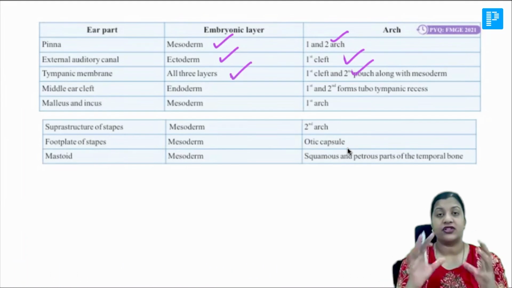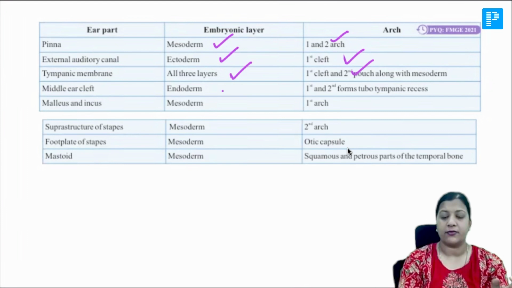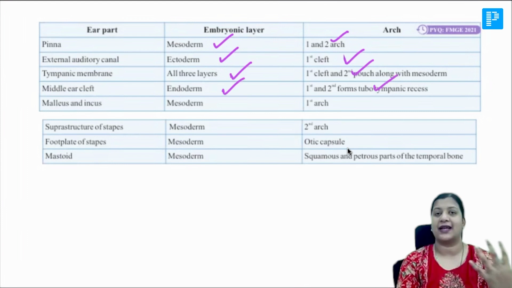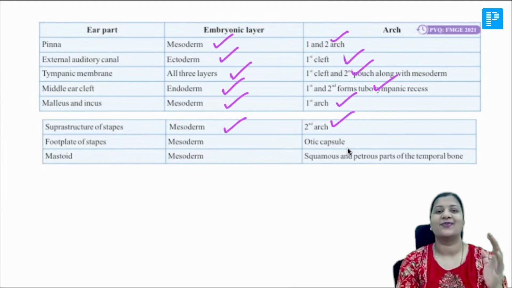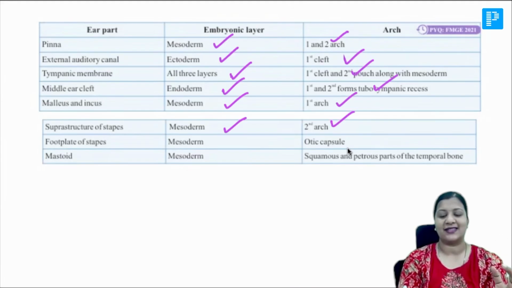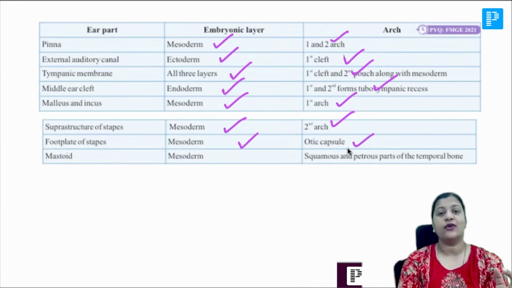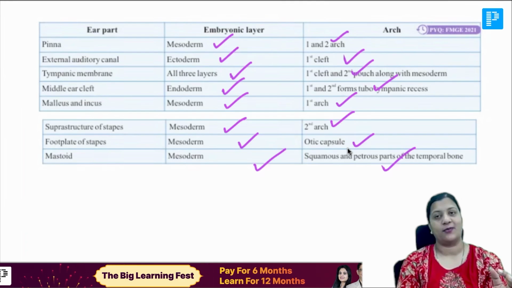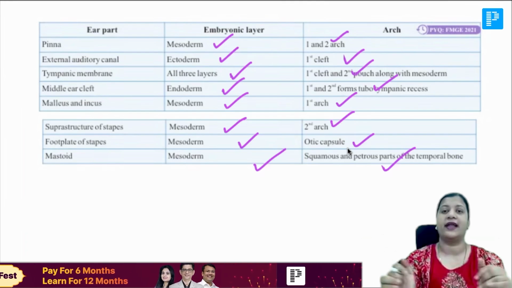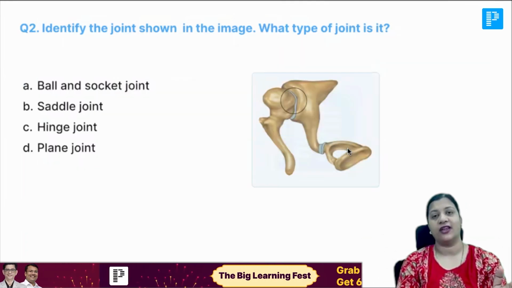Middle ear cleft, which is the middle ear, and the eustachian tube come from the endoderm of the first and second arch. Malleus and incus from the mesoderm of the first arch. Stapes suprastructure from the mesoderm of the second arch. Footplate of the stapes comes from the otic capsule, and mastoid comes from the squamous and petrous part of the temporal bone. So this chart consolidates the entire embryology of your ear.